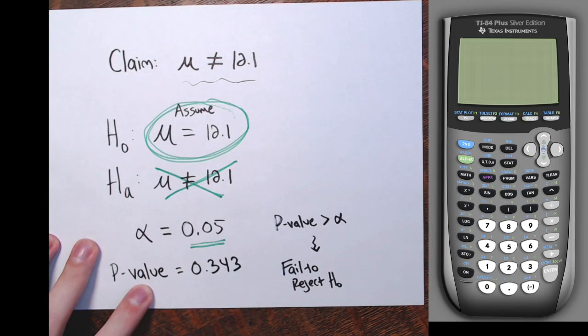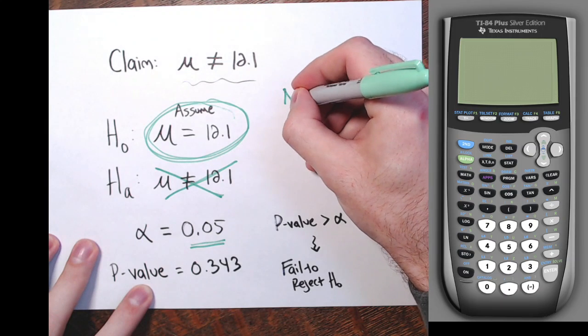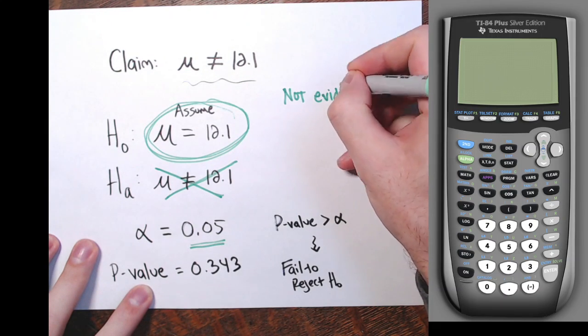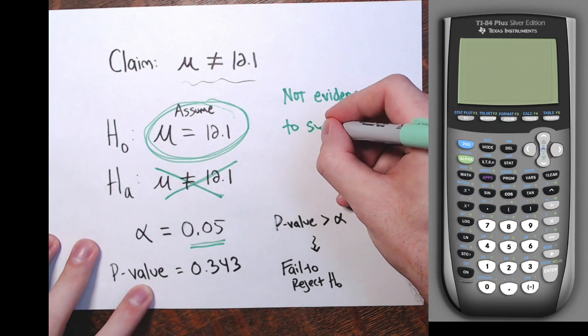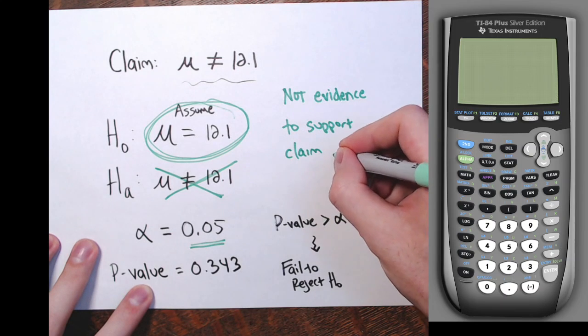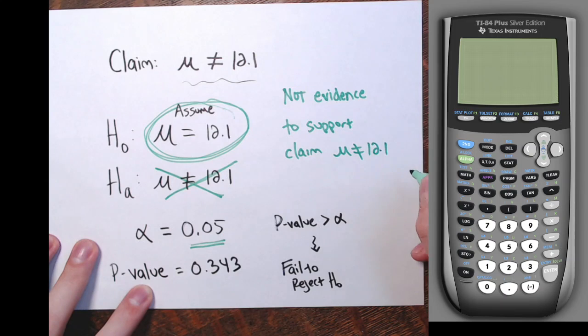We'd reject the alternative or not support the alternative. So basically we're saying that there's not sufficient evidence to support the claim that the mean amount of soda in the cans is not 12.1 ounces.